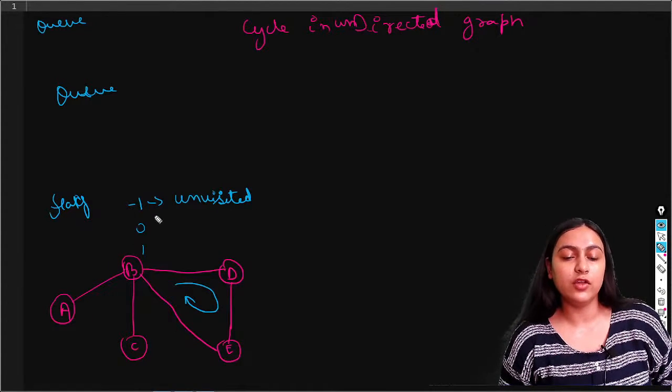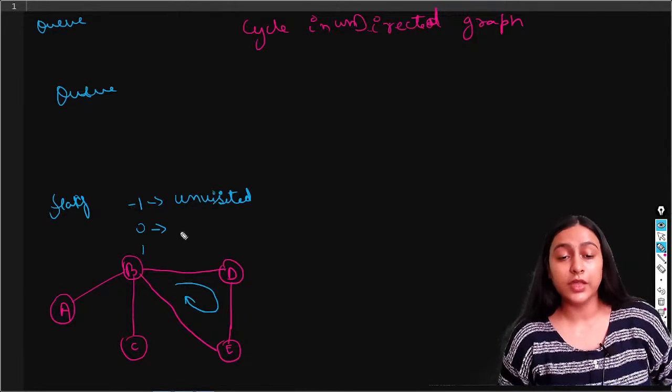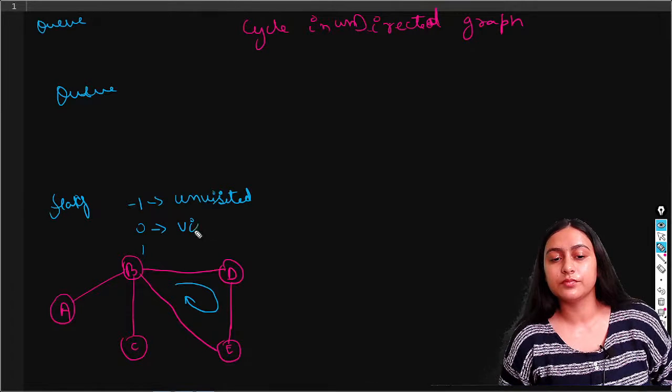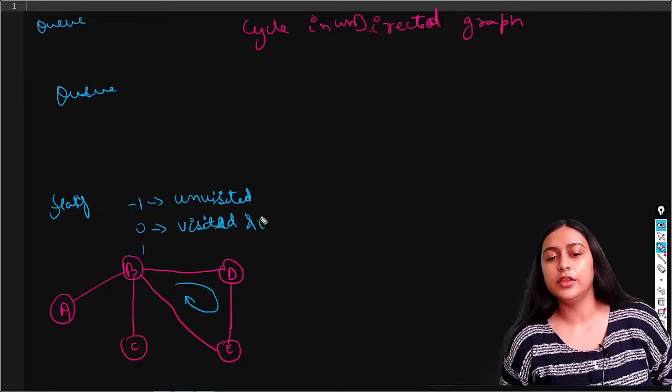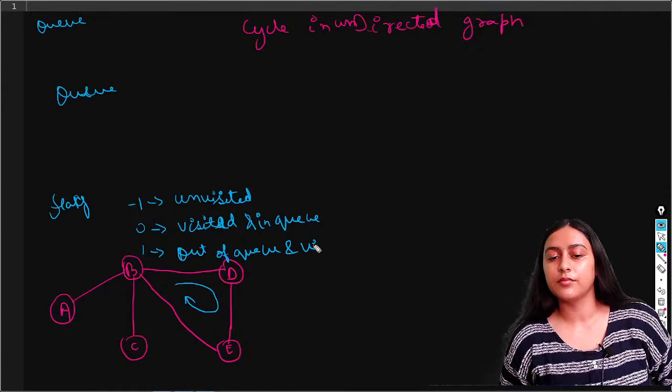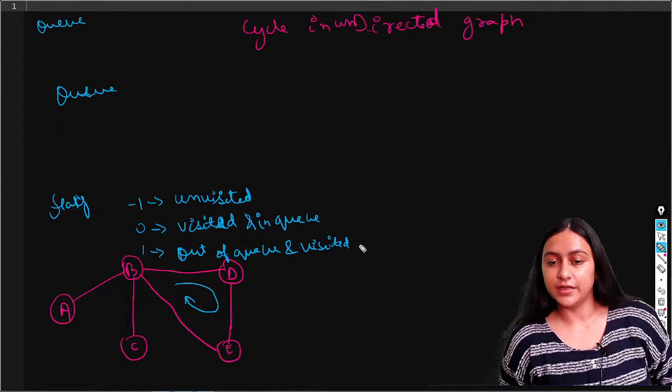Any vertex will have flag value -1 when that vertex is not visited, 0 when visited and in the queue, and 1 when popped out of the queue. When it comes out of the queue, obviously it is visited, and it is also in our set.